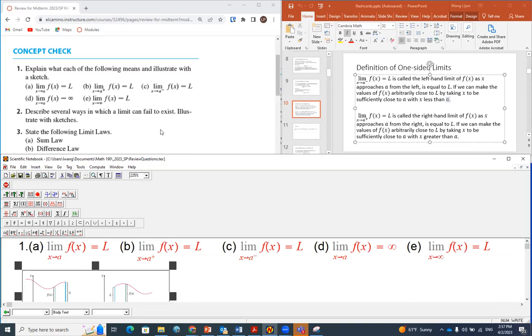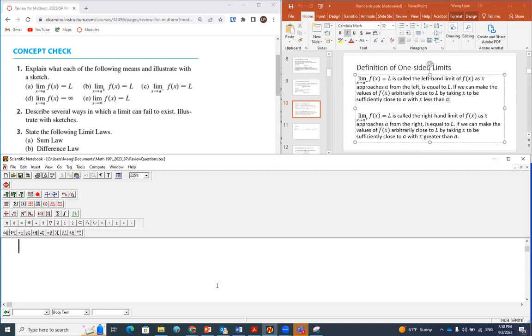Second, describe several ways in which a limit can fail to exist. Okay, this will be an interesting question because we've done so many homework questions. And now when you review, you're not going back to redo those questions unless you need to brush your algebraic skill.